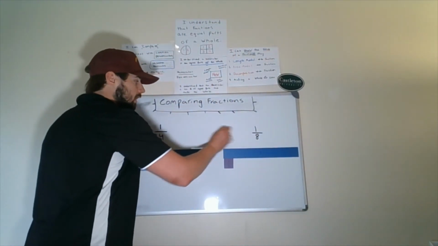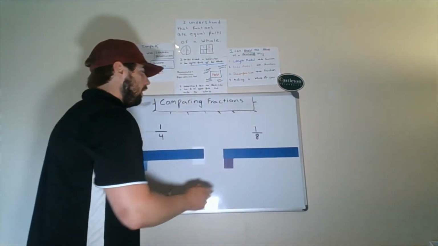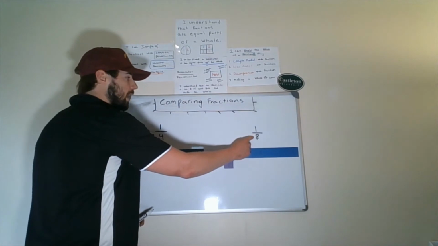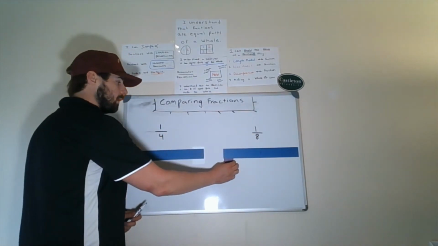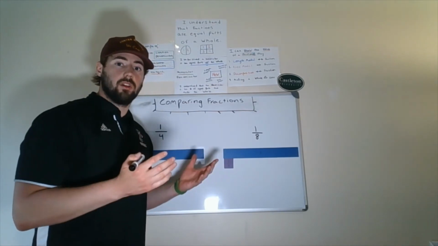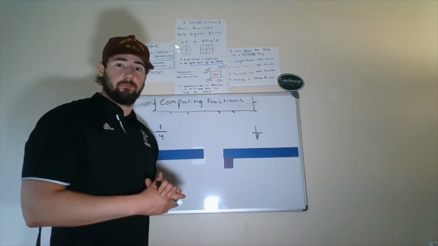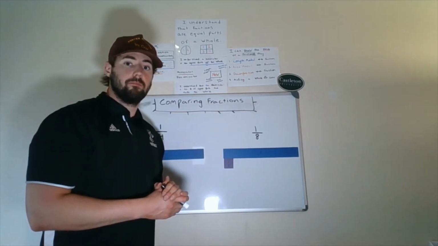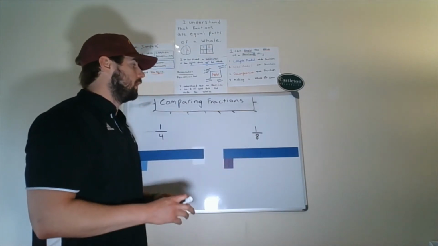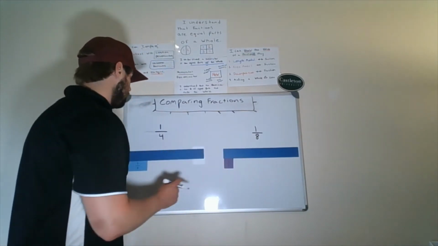That changes the size that those parts are. When we have a number that is greater in our denominators, the parts are smaller. So the value, when we're comparing the same amount of parts, makes it smaller when there's a larger number in our denominator. It makes it less.